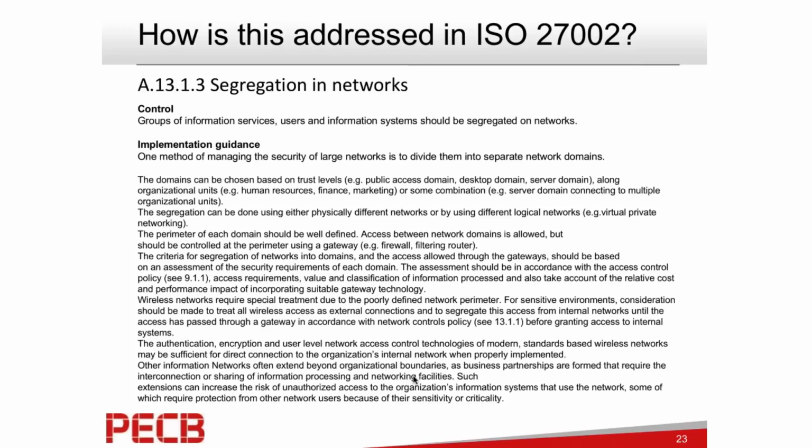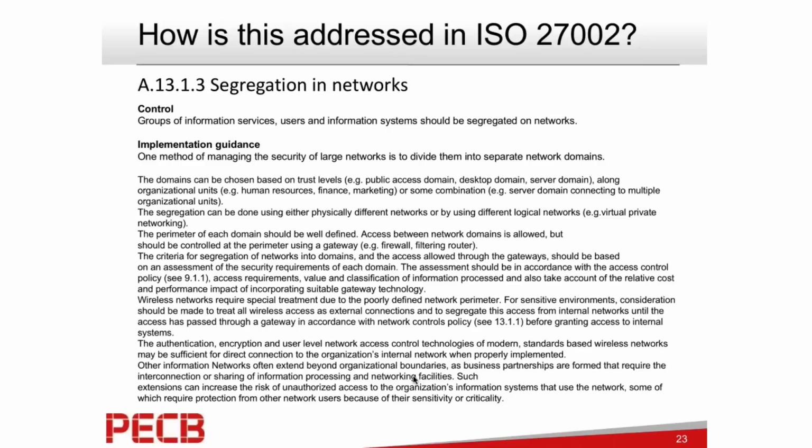If we look more deeply into the 13.1.3 control, segregation in networks, which is the main topic of our webinar today, in the 27002 guidelines you have the implementation guidance. If you are managing the security of a large network, you need to divide it into separate network domains.